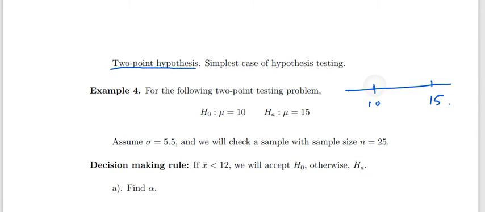So for mu we have only 2 possible values, and we need to determine which one. So we set a decision making rule.